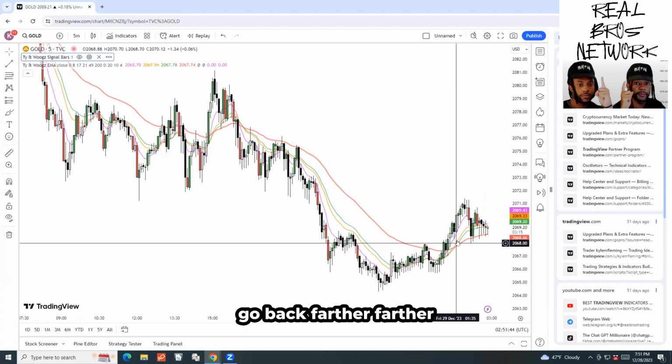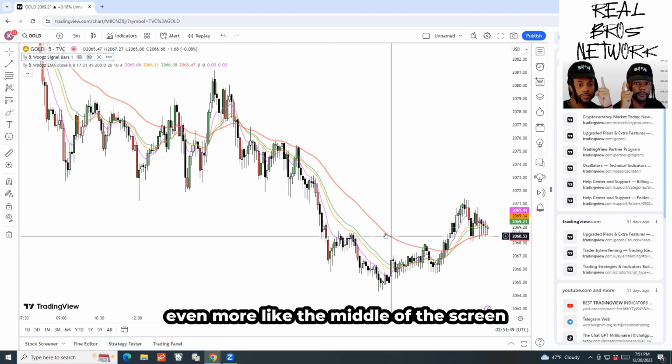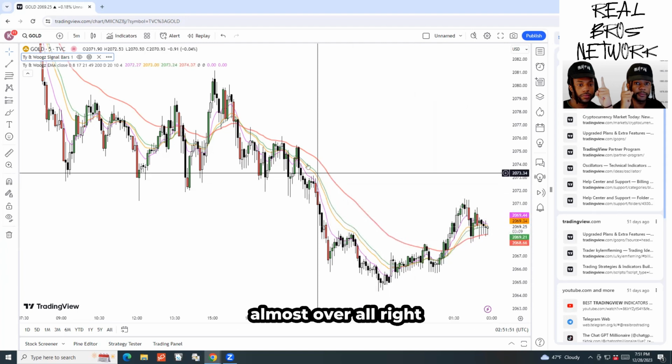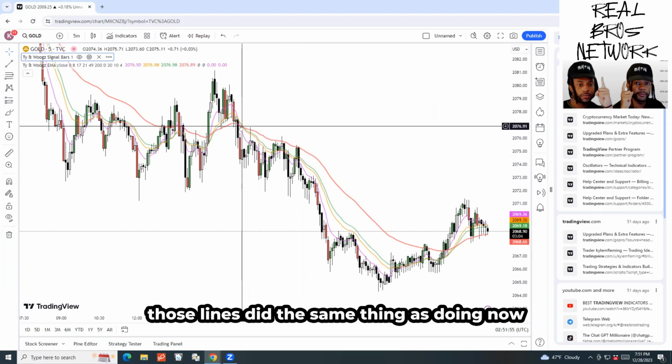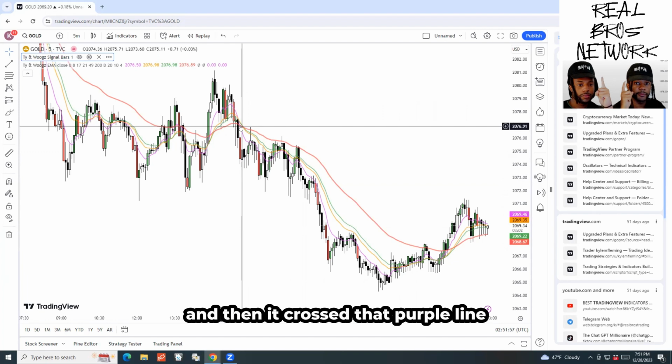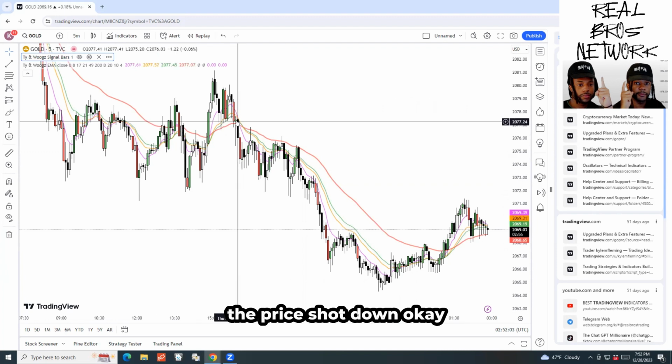Go back farther, even more, like the middle of the screen almost. Okay. So you see right there, those lines did the same thing as now, and then the purple line crossed the red line. Once that purple line crossed the red line, the price shot down.